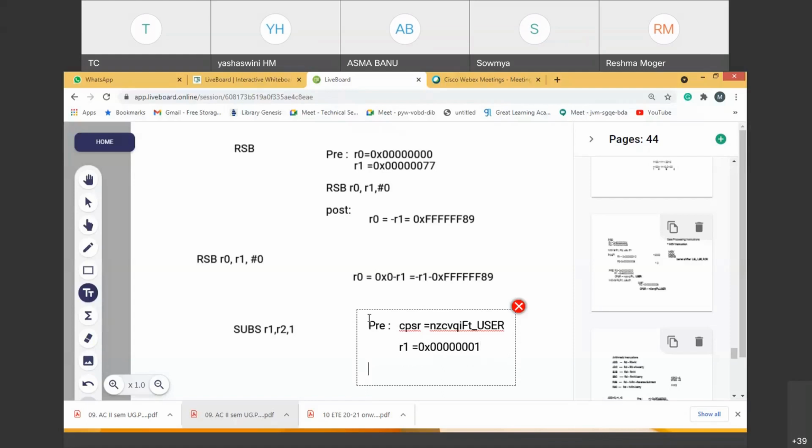I have kept some data in R1. Which operation do I want to do? I want to do subtract with S, where S is the suffix. Subtract R2 with 1.